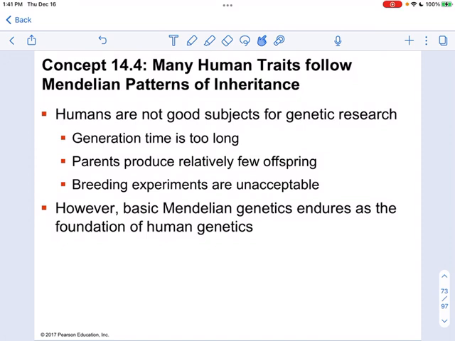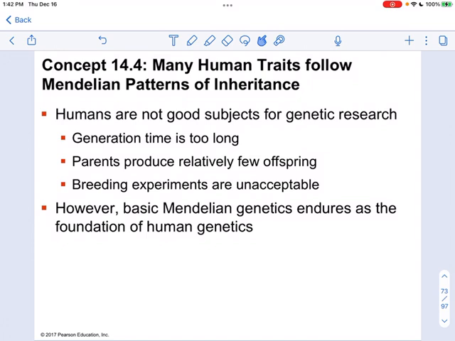Humans, first of all, are not very good subjects for genetic research. Our generation time is far too long, anywhere from 20 to 40 years. Parents produce relatively few offspring, and quite frankly, breeding experiments among humans are socially unacceptable.